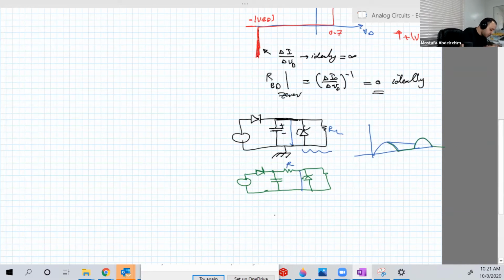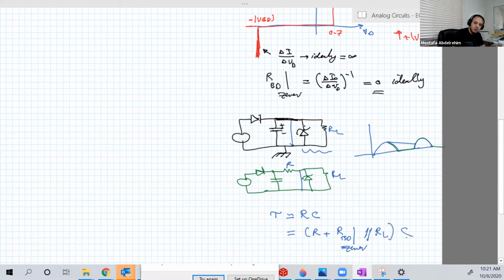So tau now is approximately equal to RC, not RLC. Exactly, it should be equal to R plus R breakdown of the Zener, parallel to RL. But since R breakdown of the Zener is almost zero, it's very small.